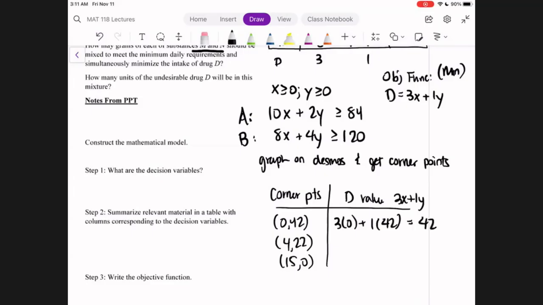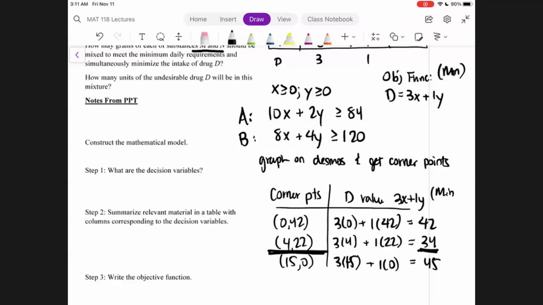All right. So then the next corner point, this will be 34. And then the last corner point, 3 times 15 plus 1 times 0, which gives me 45. So if I want the minimum, it looks like 34 would be the smallest over here.